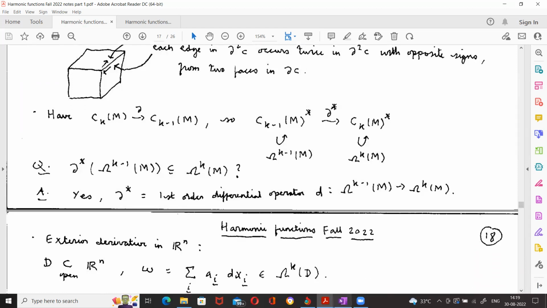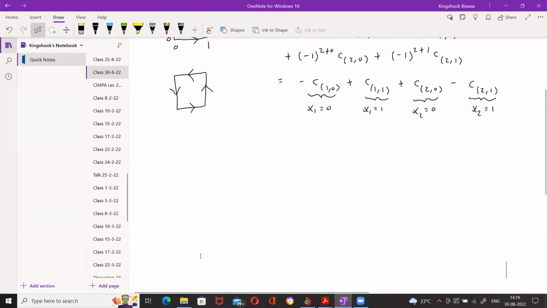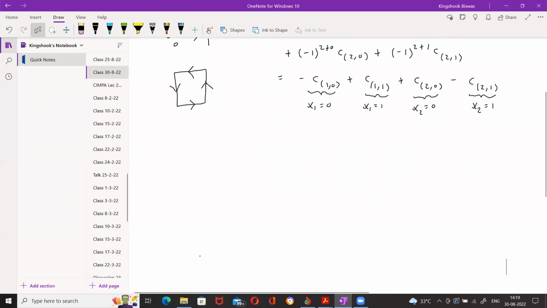Let me talk about this for a second. So we have the dual of the boundary operator, let me take it from K to K plus 1.